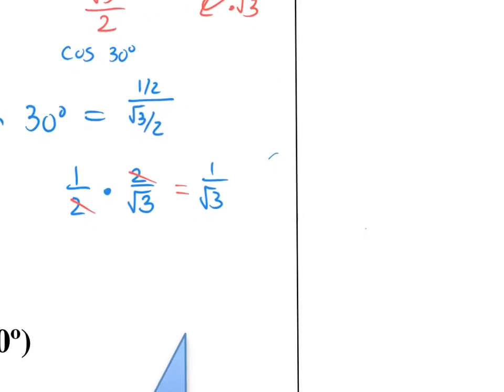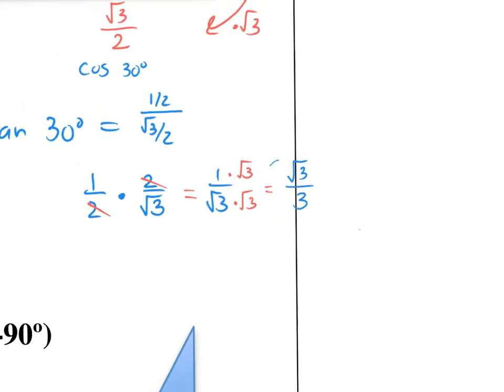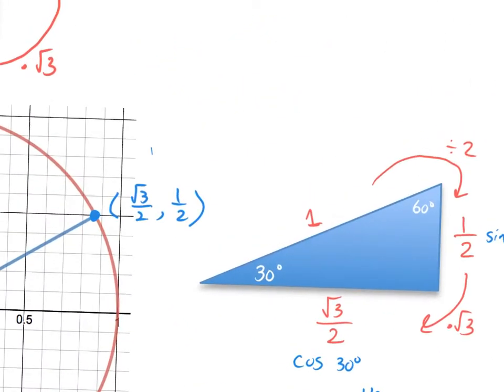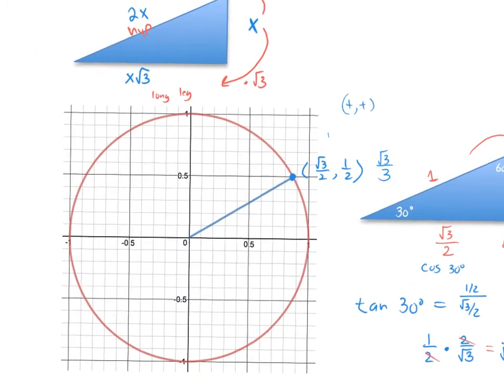And of course, we've got to simplify that, rationalize the denominator. Remember, you don't have to do this unless you forgot. You have to derive it. So here's my result, radical 3 over 3. So that's my tangent right here. The tangent is radical 3 over 3. Again, because this is positive, positive, tangent is going to be positive there.